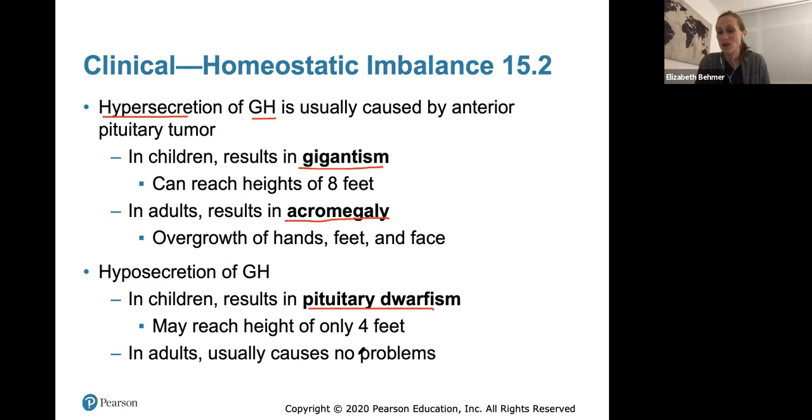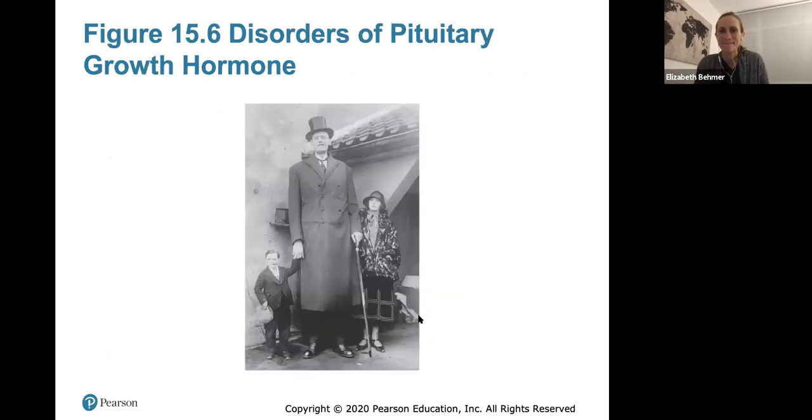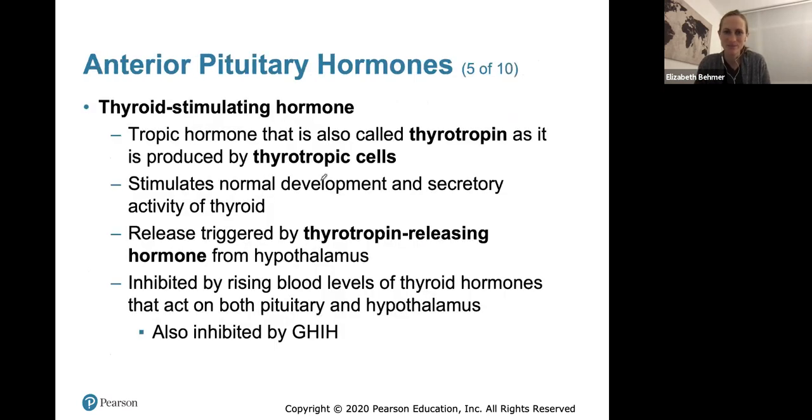In adults, it usually causes no problems because, again, by adulthood, we've reached the height that we're at. So if our growth hormone stops, it won't be too problematic. So this is a look at gigantism, now an adult man who probably had hypersecretion of growth hormone when he was a child.